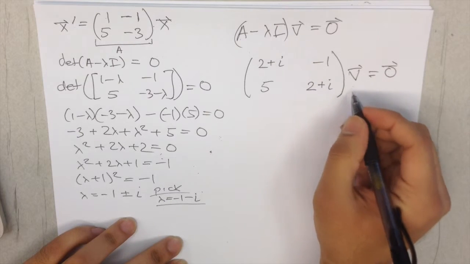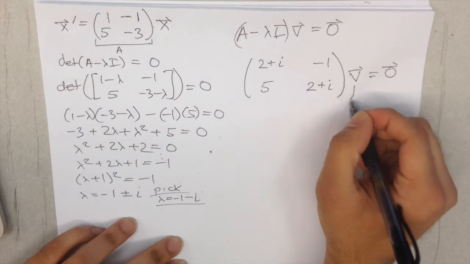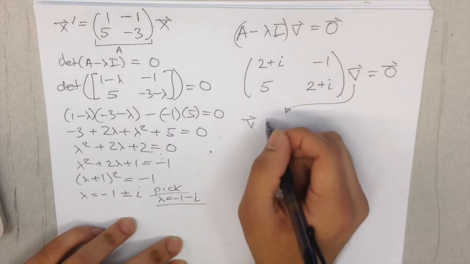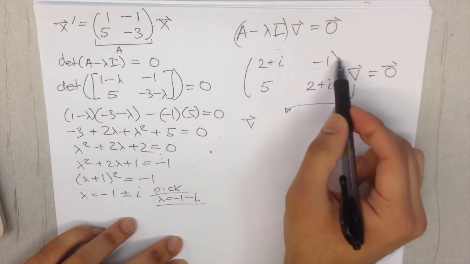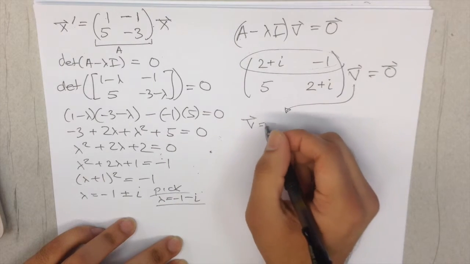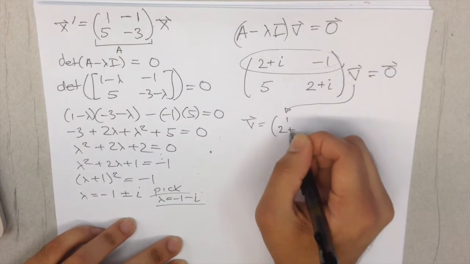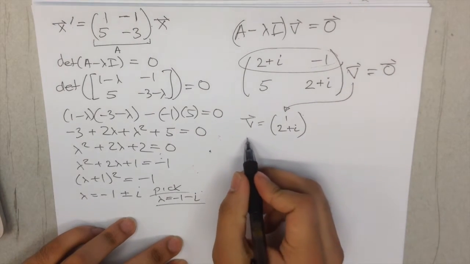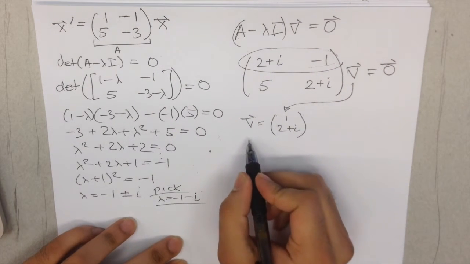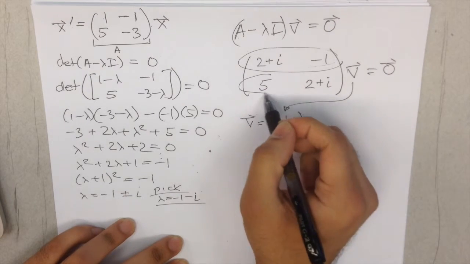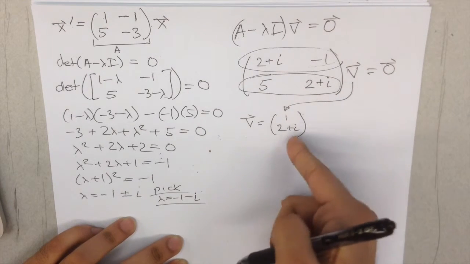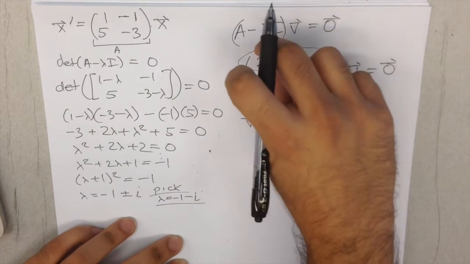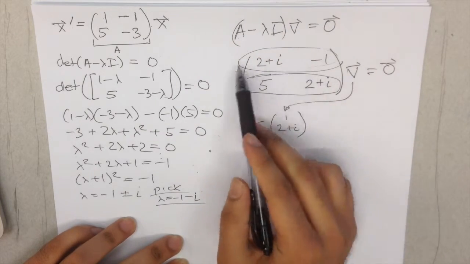Again, we're trying to solve for what v should be, right? Based on the first row, v should be equal to (1, 2 + i). We need to check if this eigenvector holds true for the second row as well.